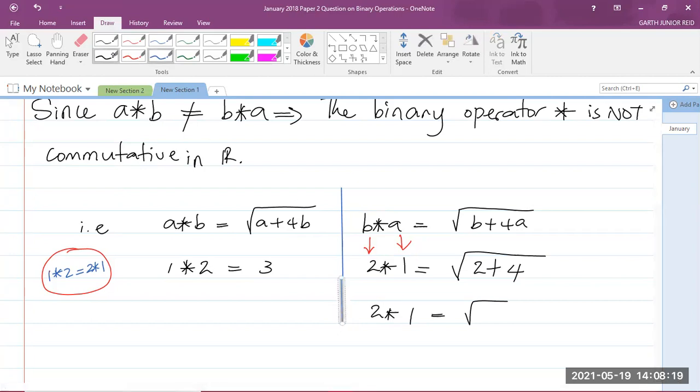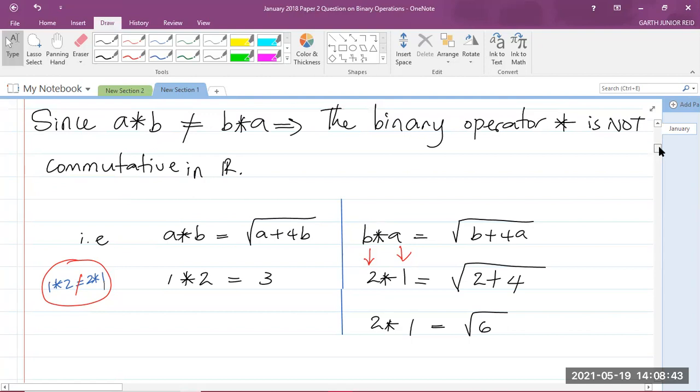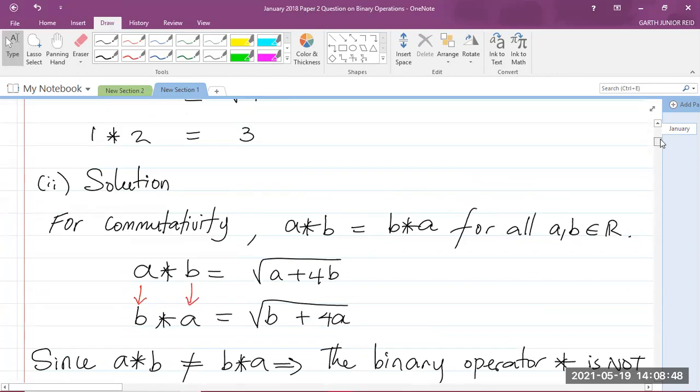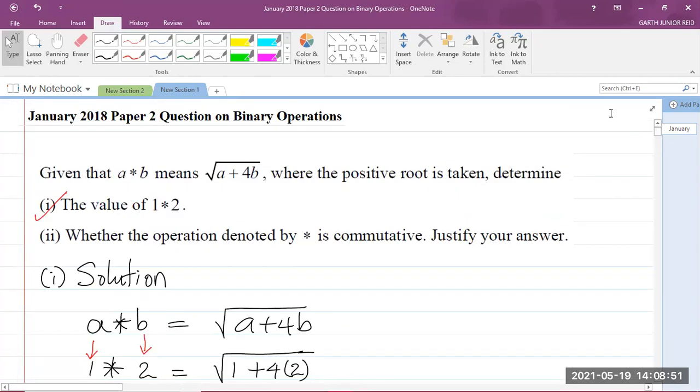Clearly 1 star 2 is not equal to 2 star 1, because 1 star 2 is 3 and 2 star 1 is the square root of 6. So A star B is not equal to B star A, which means the binary operator star is not commutative in the set of real numbers. That is the solution for this past paper question from the January 2018 paper 2.